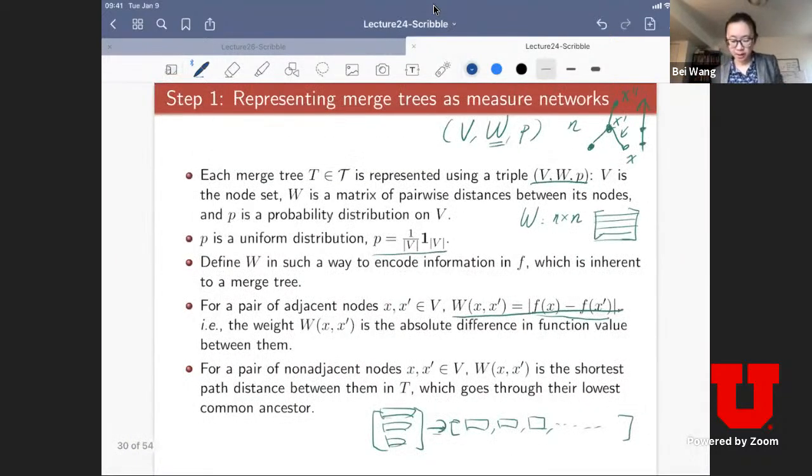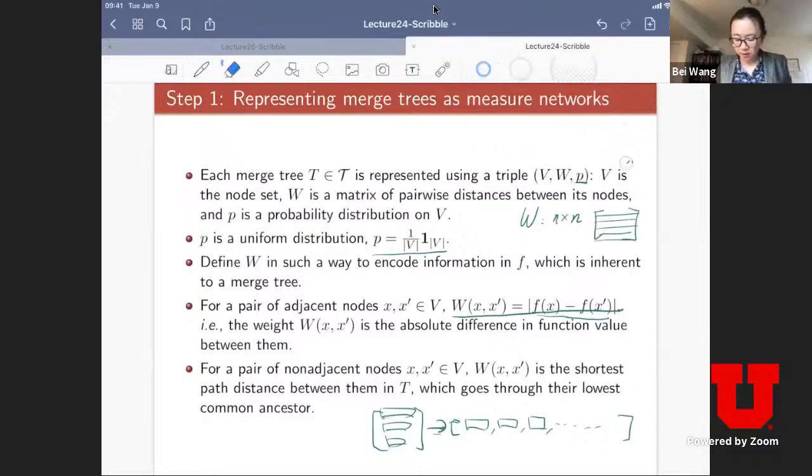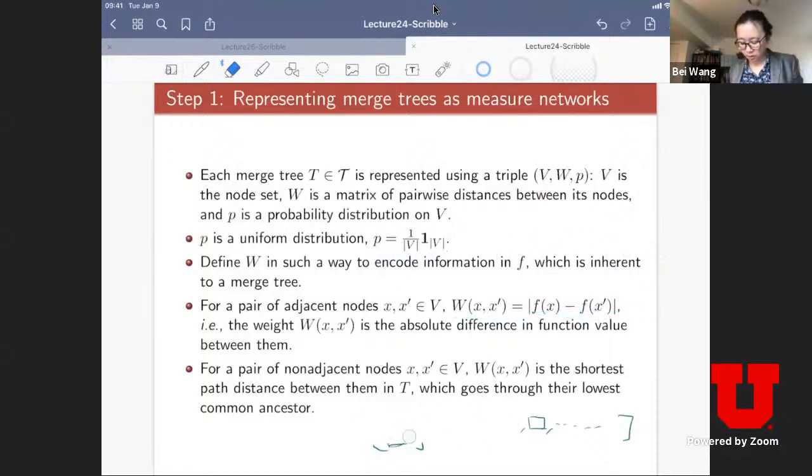Okay, so let's go through every one of those steps. The first step, as I mentioned before, is, I'm going to erase those so that it's not overwhelming. The first step is to treat each tree as a measure network. If you think about a merge tree, what information does it have? Of course, it has its vertex set V, the nodes.